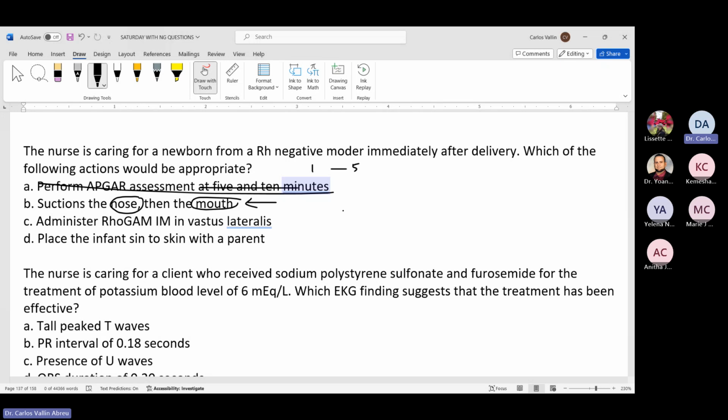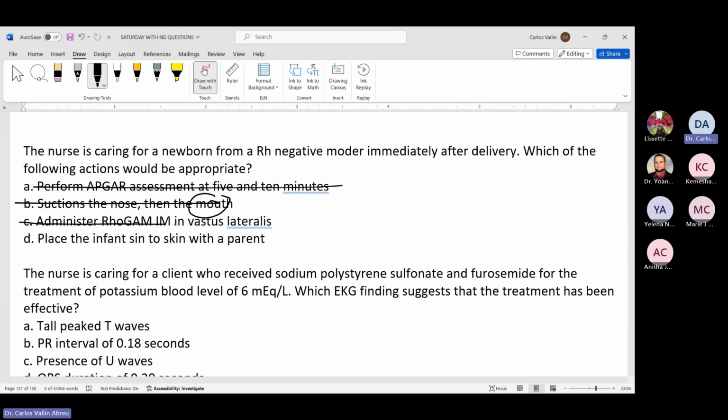This is the rationale. Later, when the baby is not crying anymore, is sleeping, the baby will be breathing through the nose. They are obligate nose breathers. But the first time that they breathe is through the mouth. That's why you suction first the mouth, second the nose, and that's why this order is not correct.